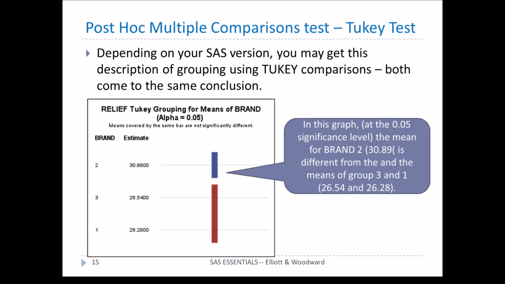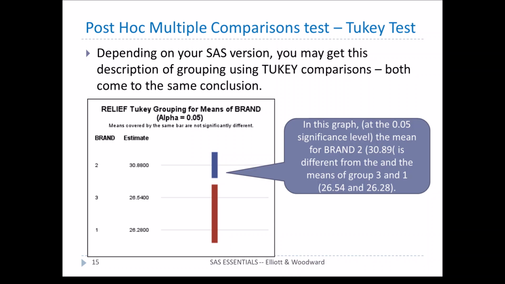You notice it's in a blue color, but the means for brand 1 and 3, 28.5 and 26.2, are combined with this red bar. What this is saying is that the red bar says these two means are considered equal or not different, and the blue bar says that brand 2, 30.88, is different than the other two.